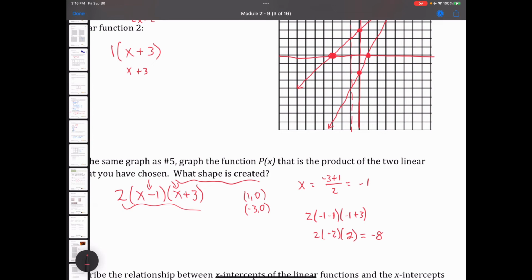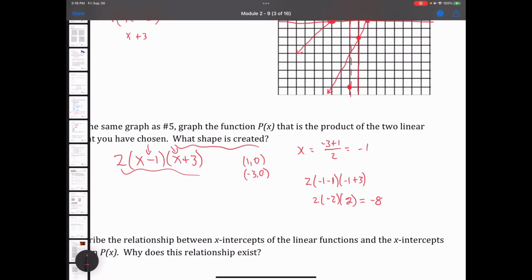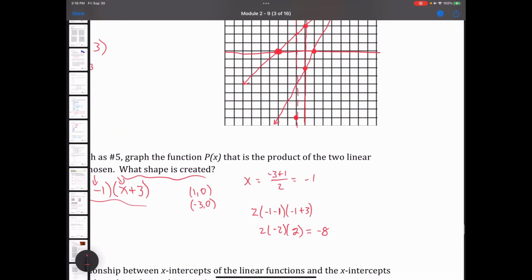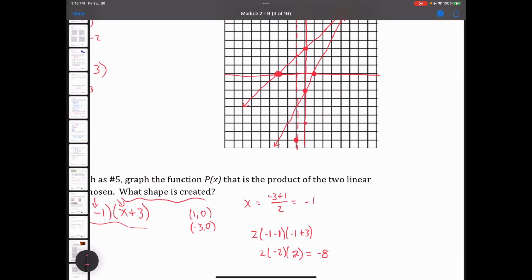So I'll come down 1, 2, 3, 4, 5, 6, 7, 8 right there. Now look at this. I have a stretch as well. So instead of over 1 up 1, I'll go over 1 up 2, 1 squared times 2, and then over 2 up 4 times 2, which is 8. And look at that. It goes right through those x-intercepts again, which is very intriguing.